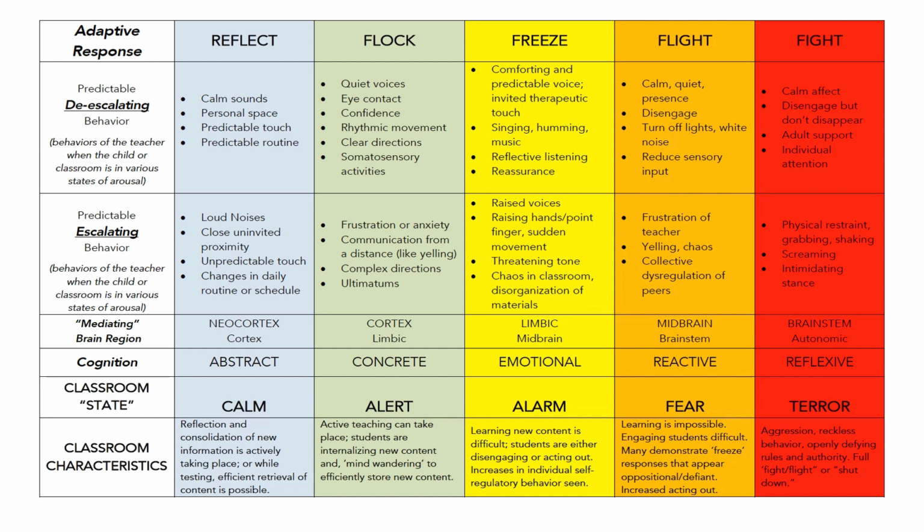On the other hand, the escalating behaviors section lists things you might do that will predictably make the child more upset and move them to the fear or terror states. What emotional state do we want the child to be in so that we can deal with the breakage? We want to regulate the child by moving them from the alert state to the calm state.